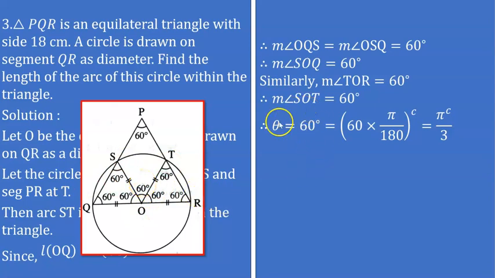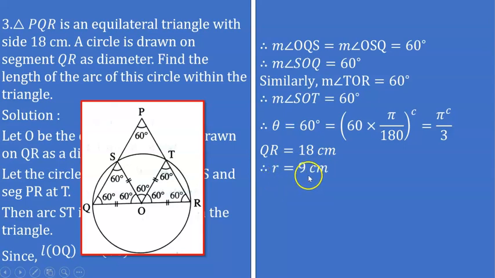Okay. Now, we'll convert this theta in radian by multiplying 60 by π upon 180, and hence after simplification you will get π/3 radian. We want to find out the length of arc ST here. Now QR is equal to 18 centimeter, that is the side of the equilateral triangle.